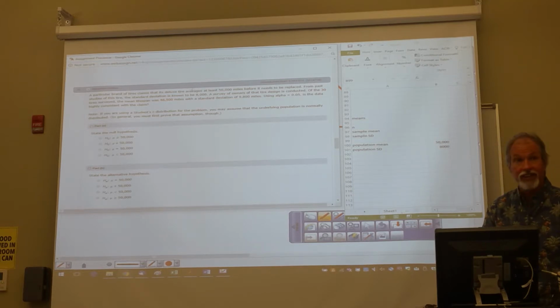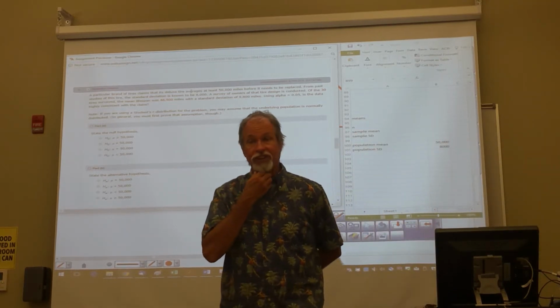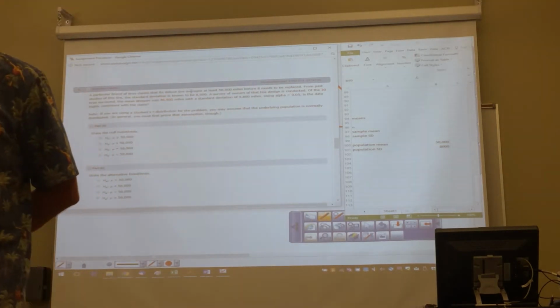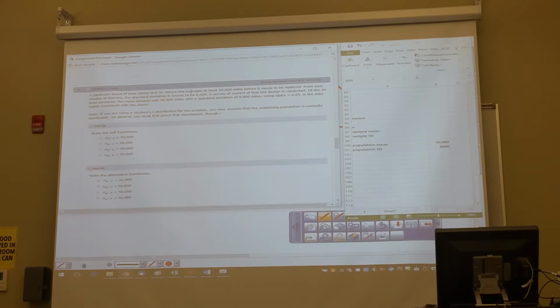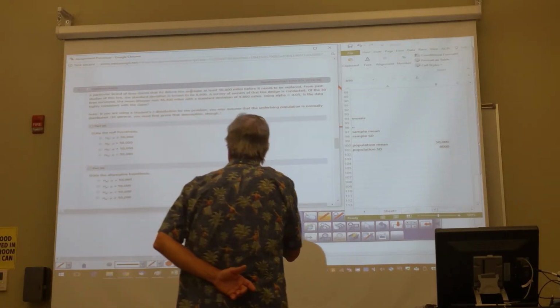It says at least, so I'm looking at this problem and asking, are these basically equal?